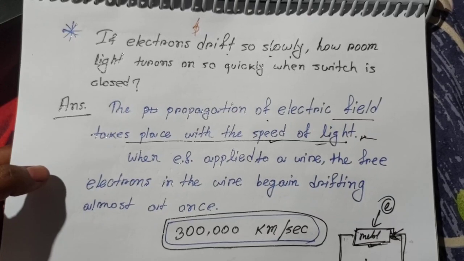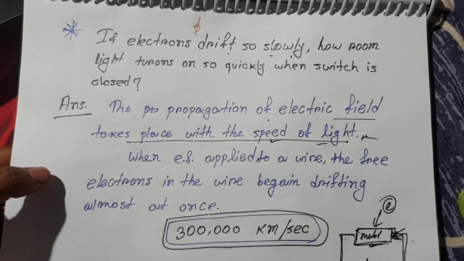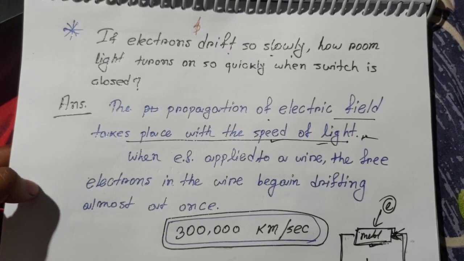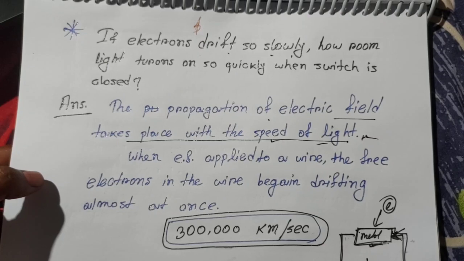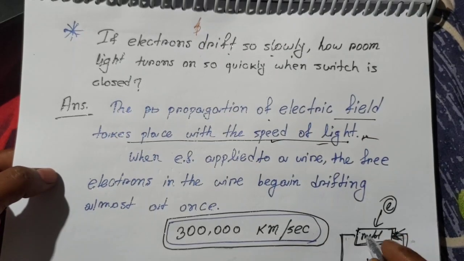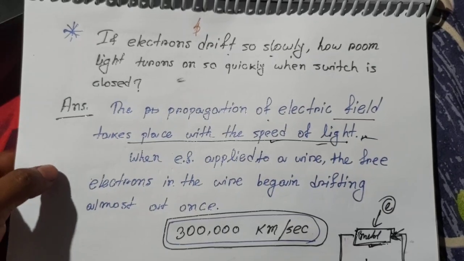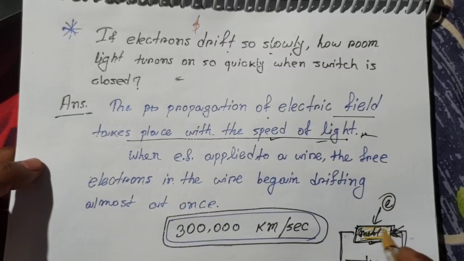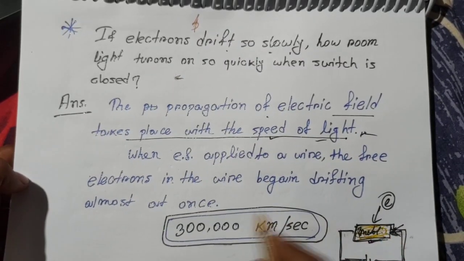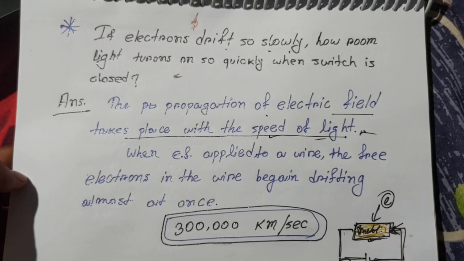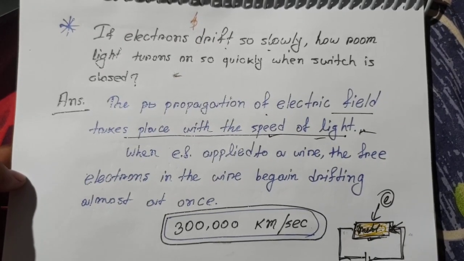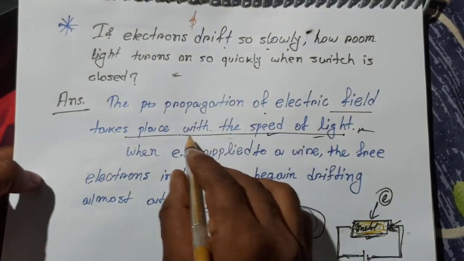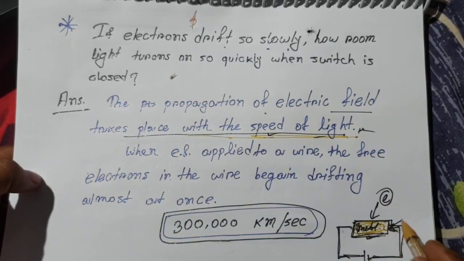When an electric field is applied to the wire, this metal wire, the free electrons in the wire begin drifting almost at once. In this full metal body, in every place the drifting of free electrons begins at almost the same time, with the speed of light at which the electric field is applied.